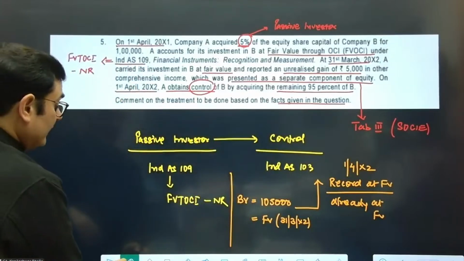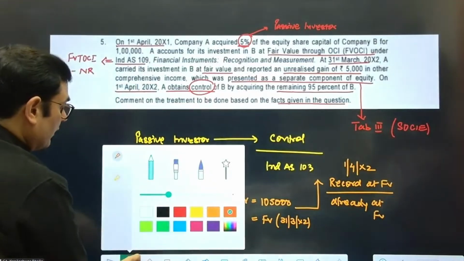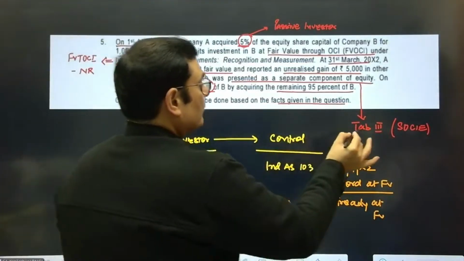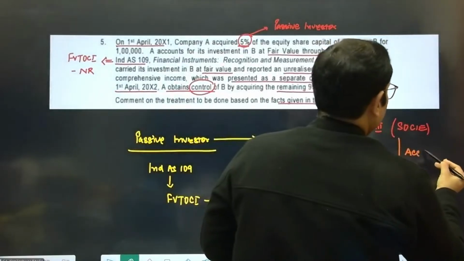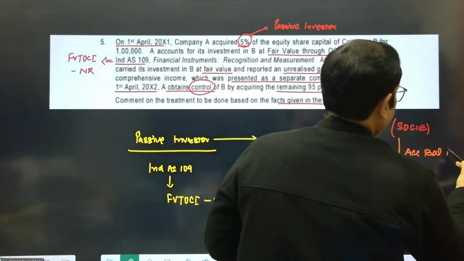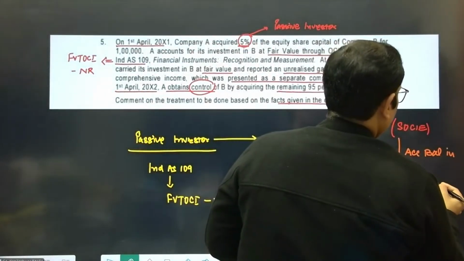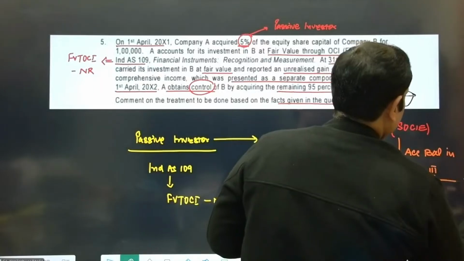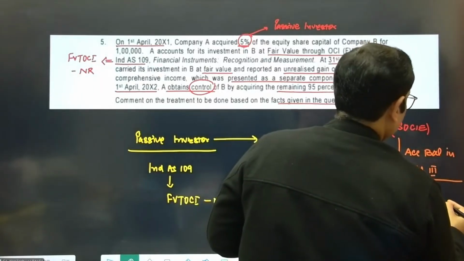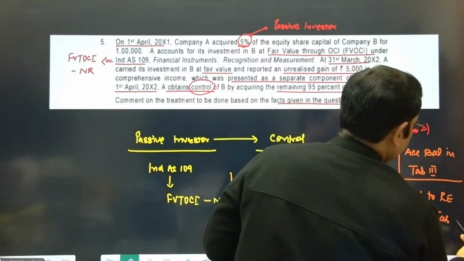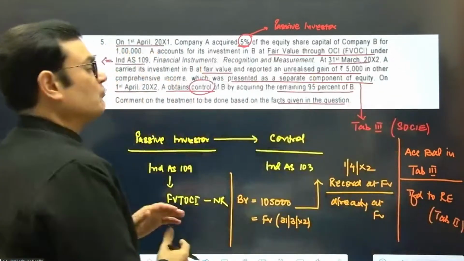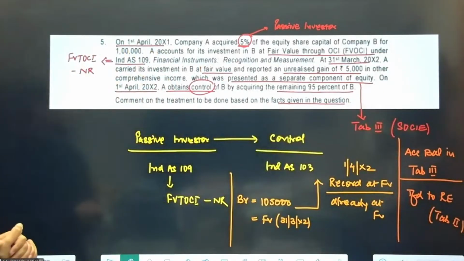But the only additional thing which I'm required to do is the accumulated balance in SOCIE. The accumulated balance which is in tab 3 is going to be transferred to retained earnings, that is in tab number 2. So the company will just have to transfer this balance of 5,000.